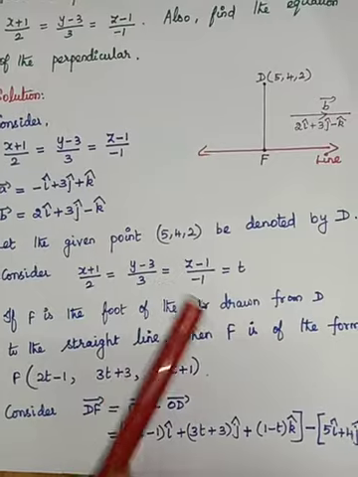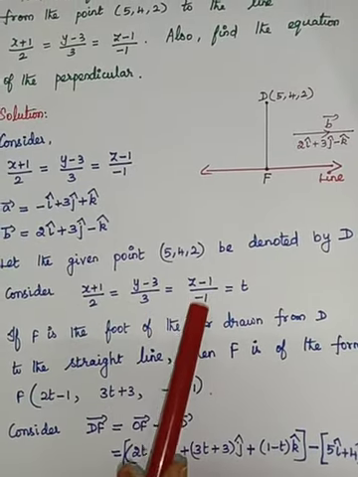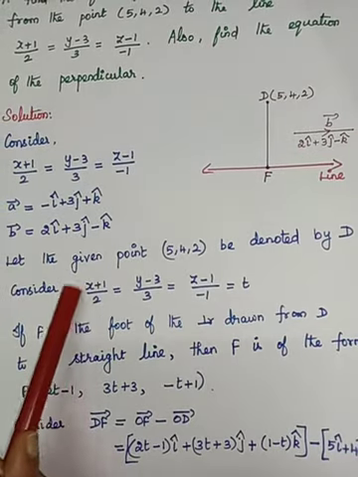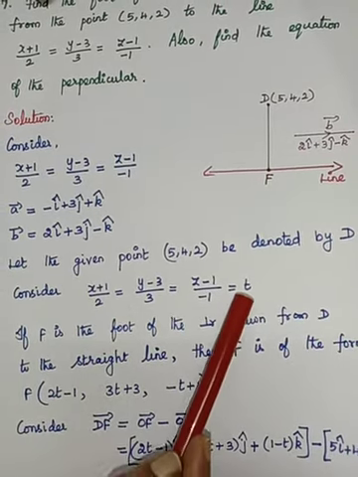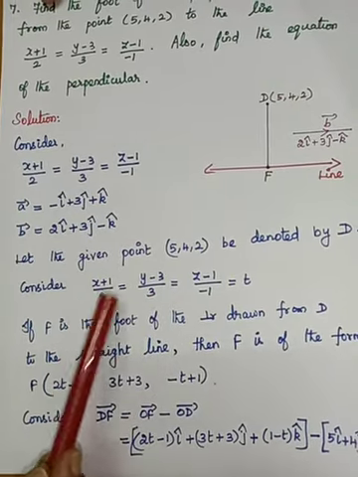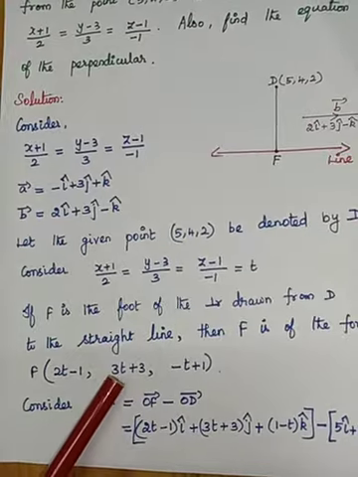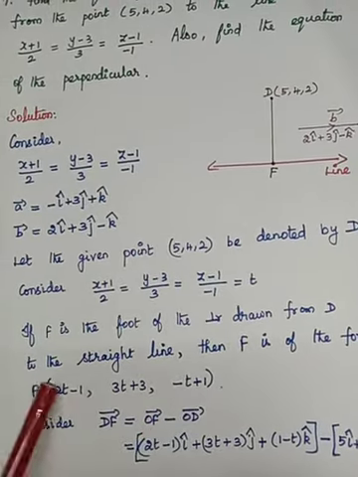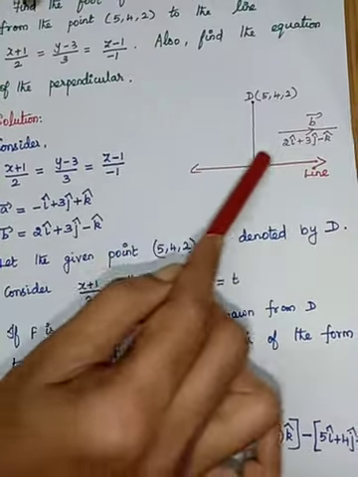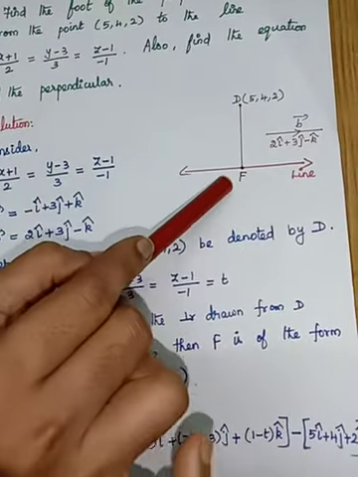You have to find what x, y and z are. First term equal to t: x plus 1 equals 2t, so x equals 2t minus 1. In the same way you have to find y and z. This point is on the line, so your F point is also on the line.